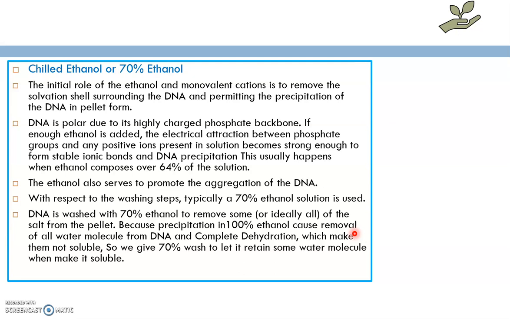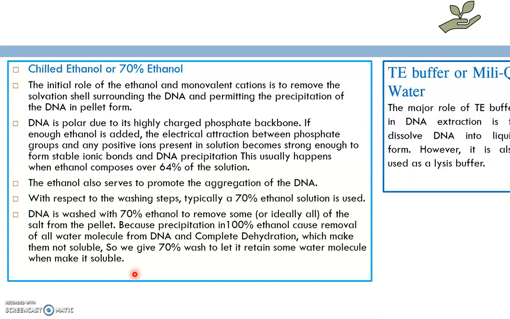This usually happens when ethanol composes over 64% of the solution. So here chilled ethanol acts as a precipitating agent, and further 70% ethanol is used for the purification step. Two to three washes with 70% ethanol easily remove all unwanted compounds present in our DNA pellet.